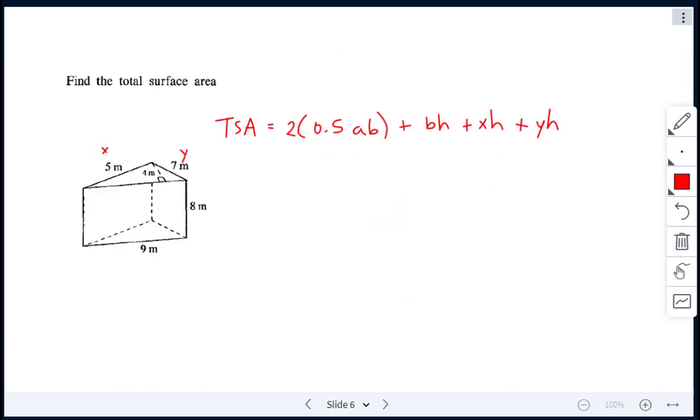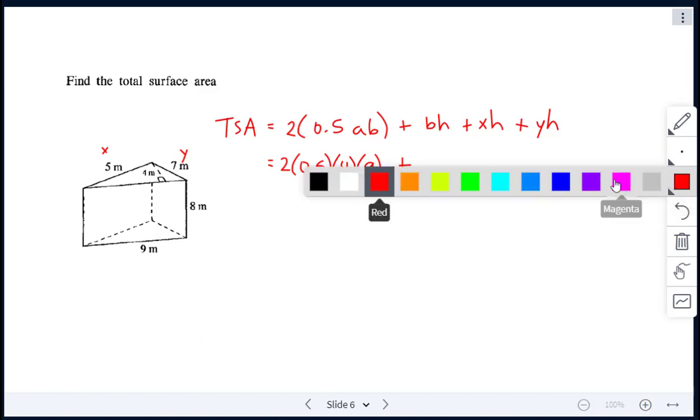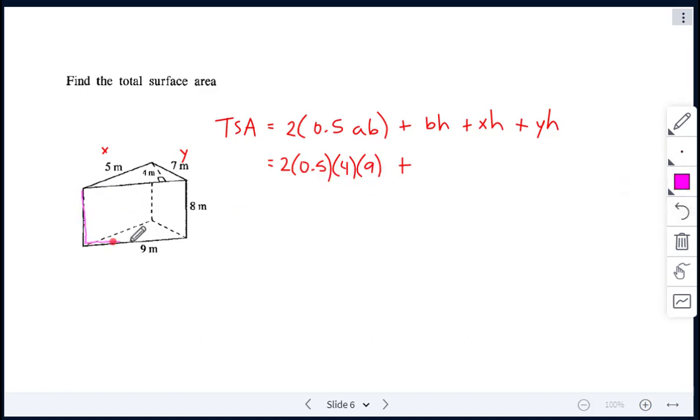All right, so for this example, again, we're looking for total surface area. Okay, so the two triangles we'll do first. The altitude of the triangle is 4. The base of the triangle is 9. Next is the first rectangle, this one here, 9 times 8.